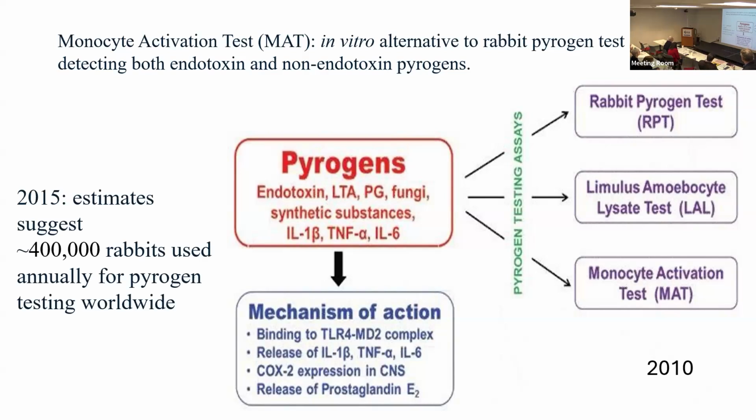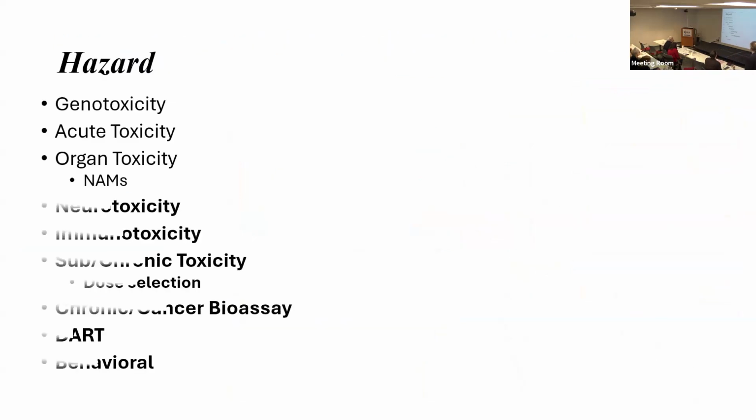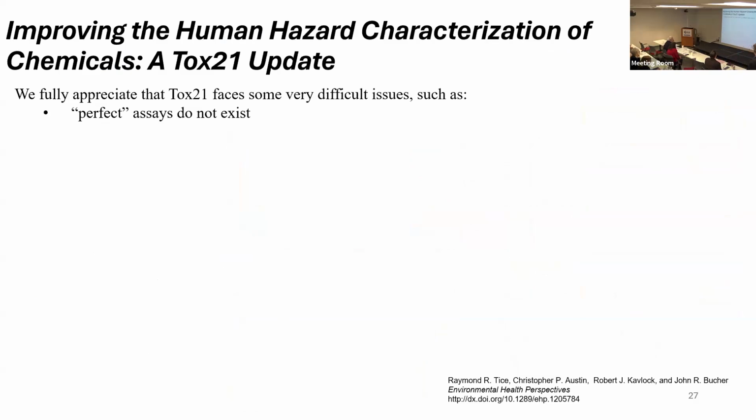But I want to point out the estimate in 2015 that they were still using something like 400,000 rabbits around the world, even though we had an alternative, validated, accepted method, at least in the United States.